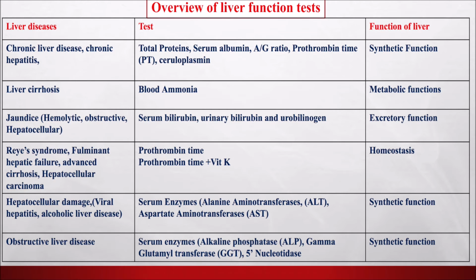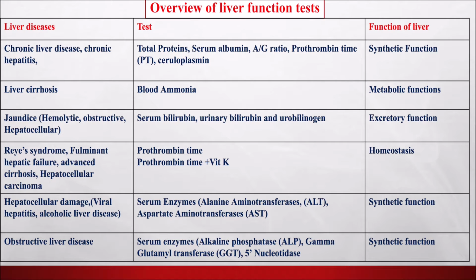So, when the synthetic function of the liver is affected, what are the tests which are going to indicate the presence of either a chronic liver disease or chronic hepatitis? These tests include measurement of the plasma proteins, albumin levels, serum A by G ratio, and measurement of the prothrombin time. These tests will be useful for diagnosing liver conditions like chronic hepatitis.